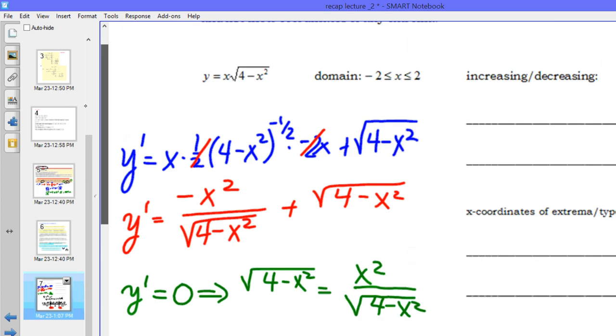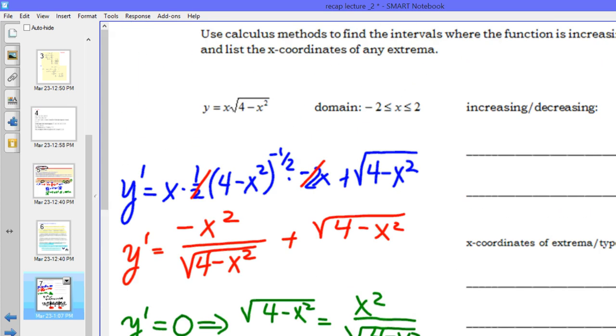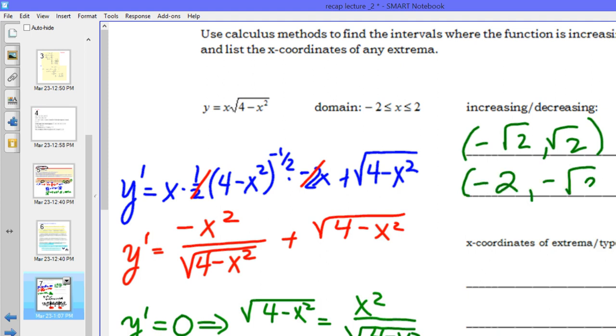So we would want to write up here that our increasing, decreasing intervals are these. So negative root 2 to root 2 is where we have the original function increasing, and then negative 2 to negative root 2, and positive root 2 to positive 2 are both sections on which the original function is decreasing.